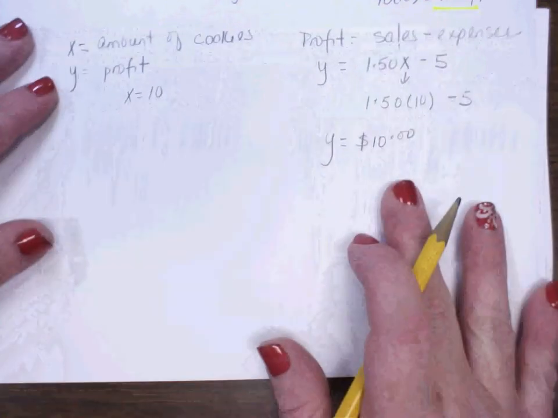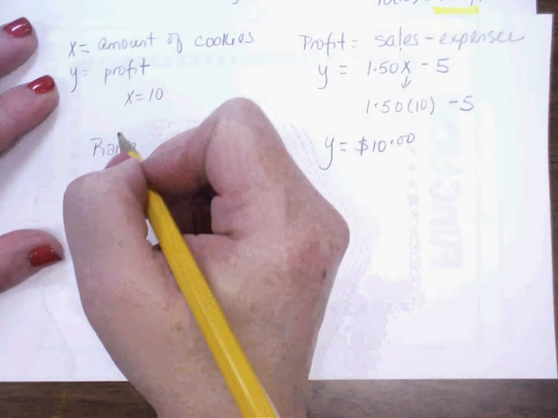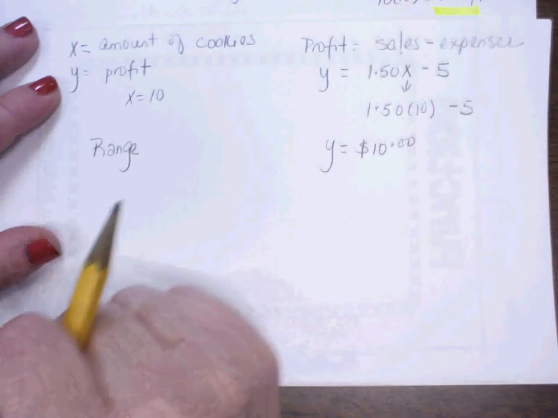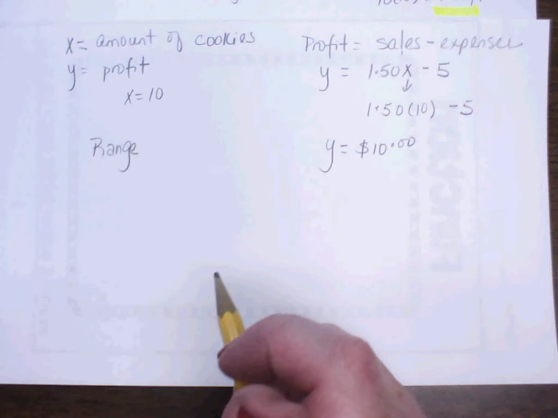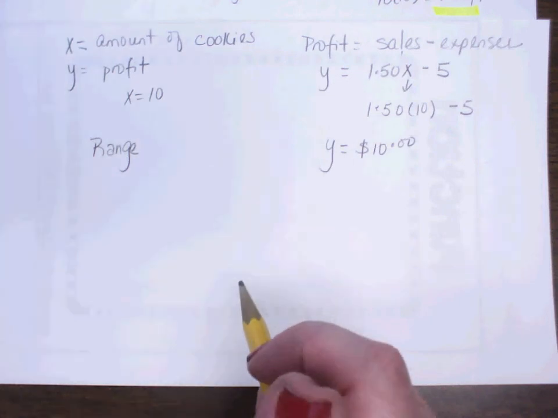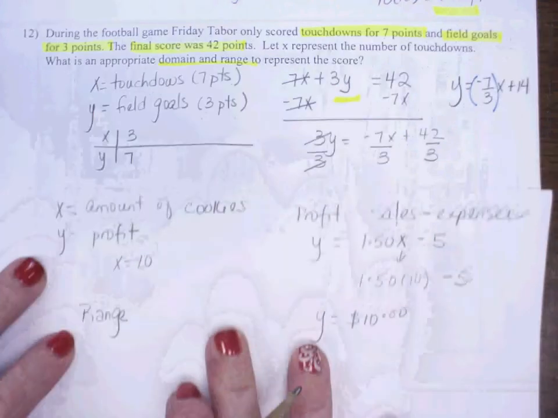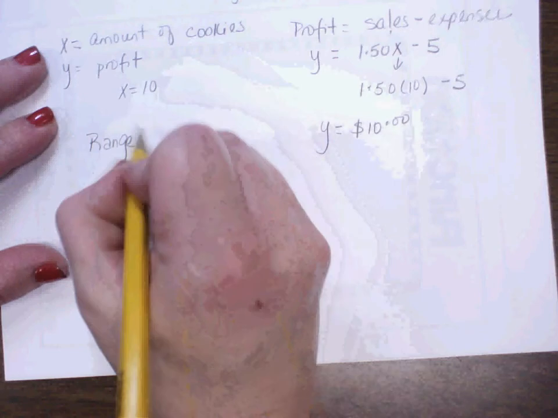Because she made 10 cookies. Now, can she make more than 10? Yes. Can she sell more than 10? No, because she only made how many? 10. All right? Now, so the range would be $10 for the maximum amount of cookies that she sells.